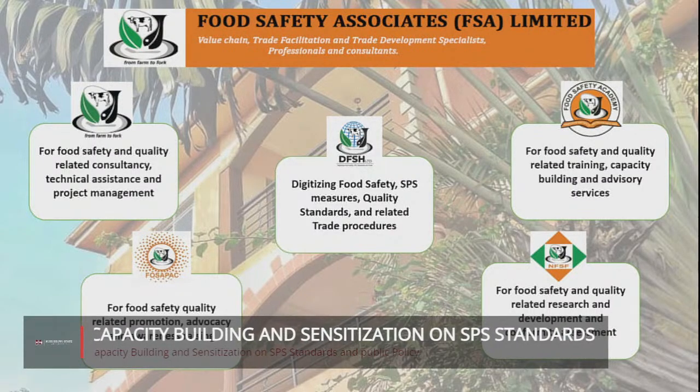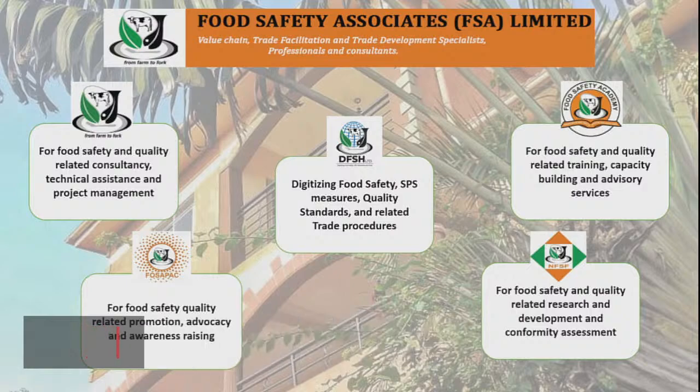We are planning this year. We've been in the process to achieve accreditation so that we can be a certifying body. We are midway. We have now taken on board another category of services. We also want to be a champion in digitizing food safety, SPS measures, quality and trade related issues.